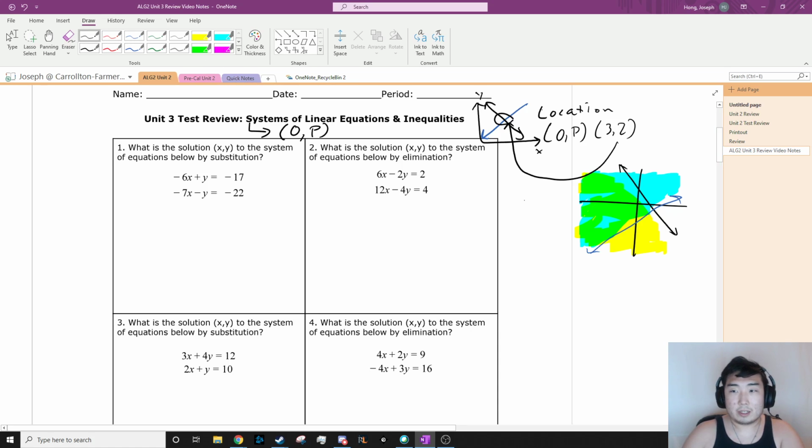If it's this red area, it would be my solution. I use parts of both of my lines to get my solution for my inequalities. So this is my solution.